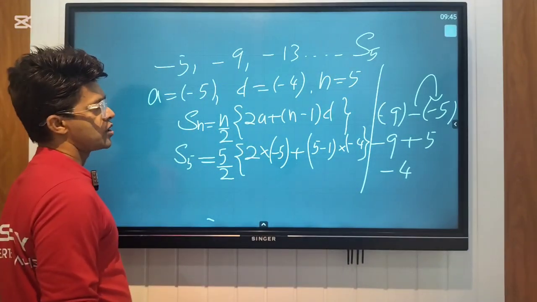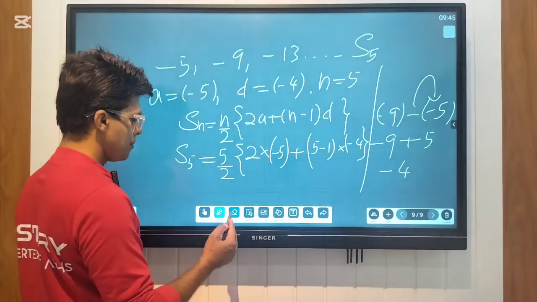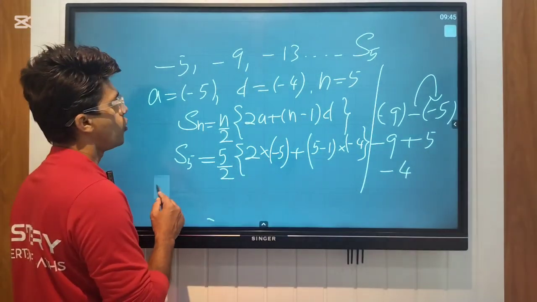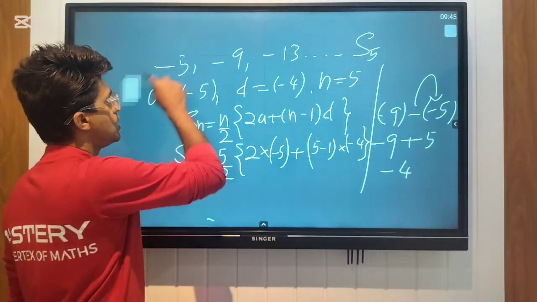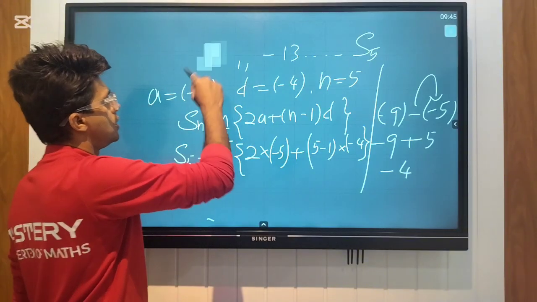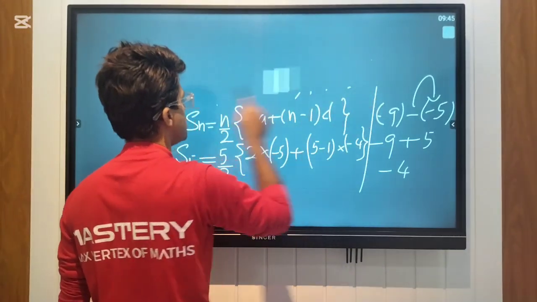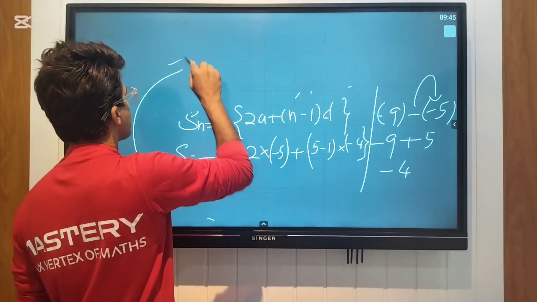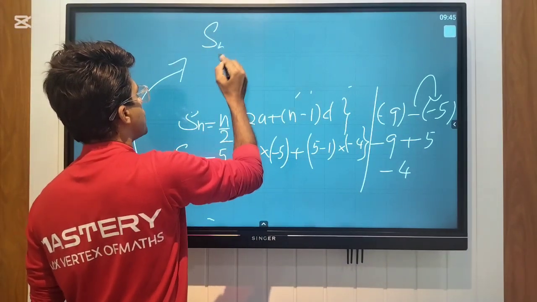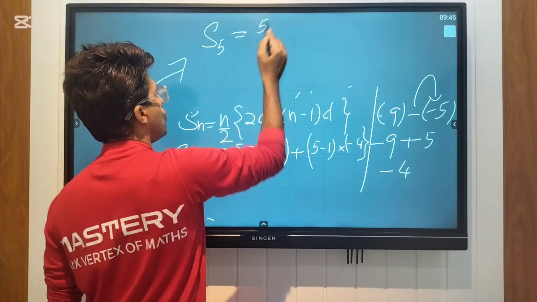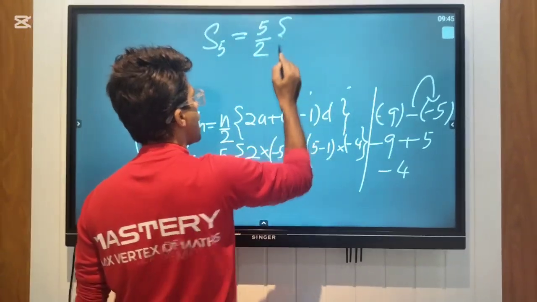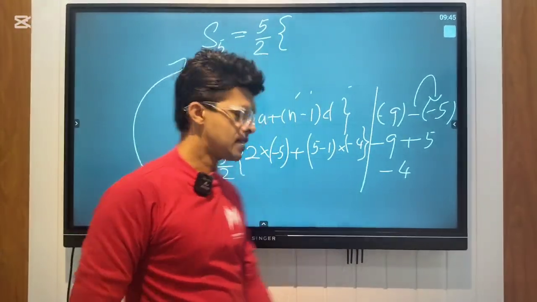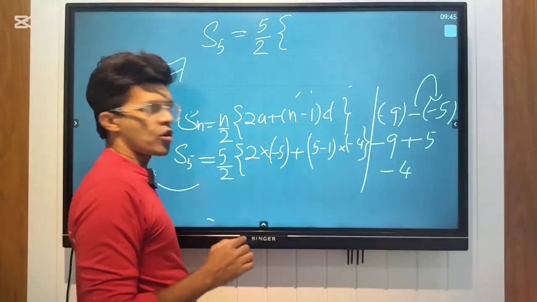Now how can we simplify this one? If you want, you could pause the video and do this again. I will remove the brackets here by obtaining the product of these two.